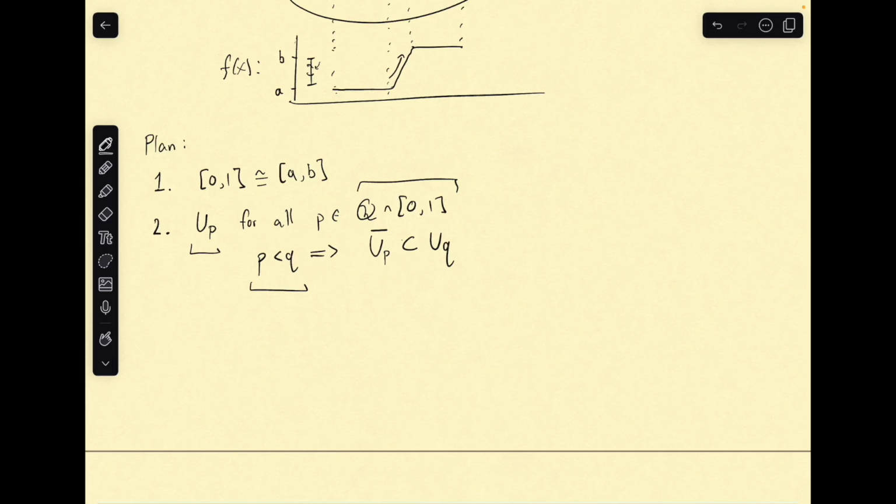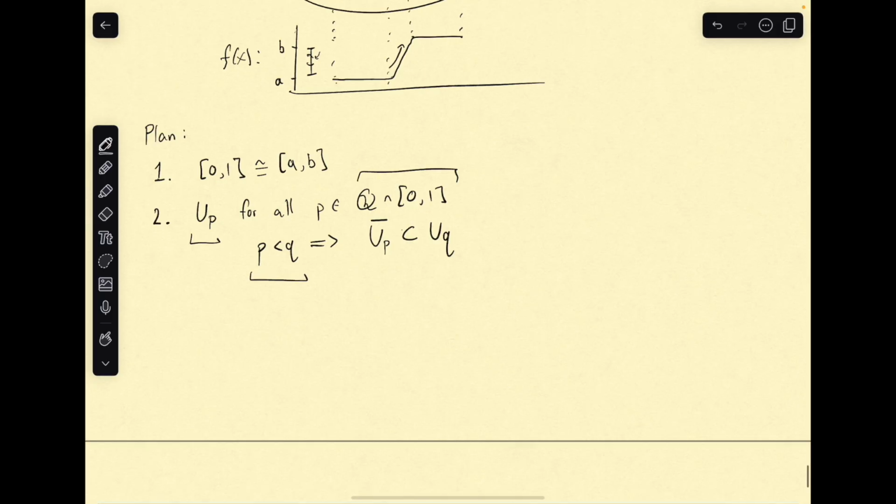And that's going to turn out to be useful for us when we're trying to prove that the resulting function is continuous. And that's going to be step 3, which is prove that f of x is continuous. And I haven't said anything about what f of x is going to be, but it's going to depend on our definition of these open sets.